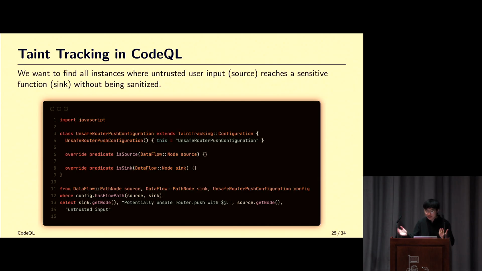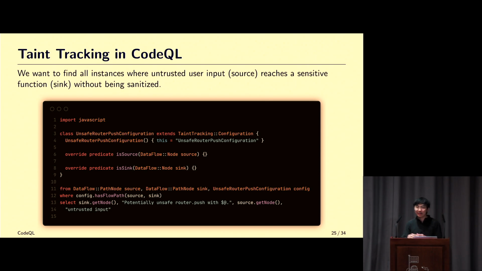So, let's create a CodeQL query to try to find something like this. All taint tracking queries in CodeQL start from something similar to this. You implement a configuration, and the things that you want to override are isSource and isSink. isSource tells CodeQL what things in the program are considered untrusted input, which you treat as sources for dangerous things.